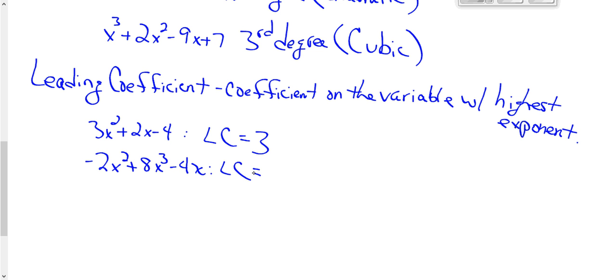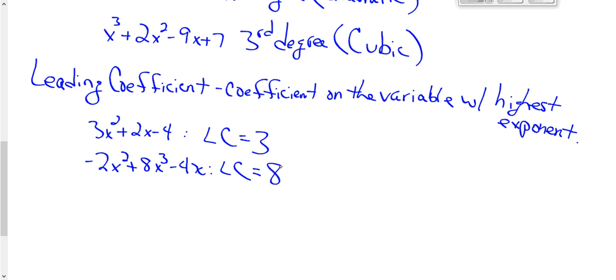So the leading coefficient is the one on the variable with the highest exponent. It's 8 on that third degree polynomial. You put x to the third, then negative 2x to the second.